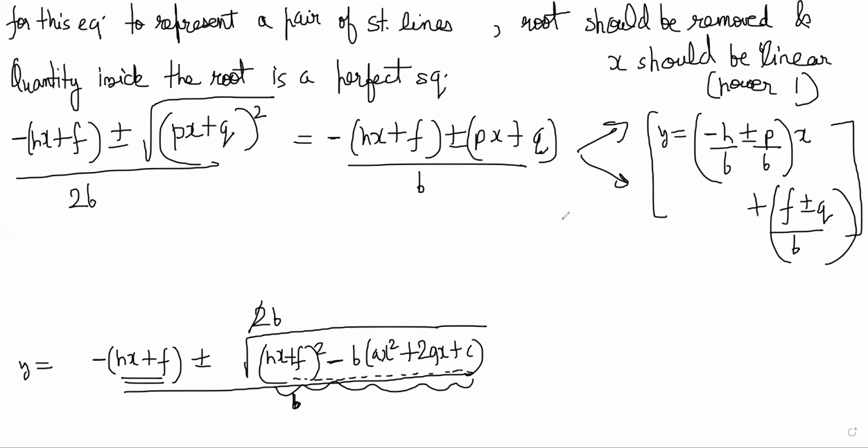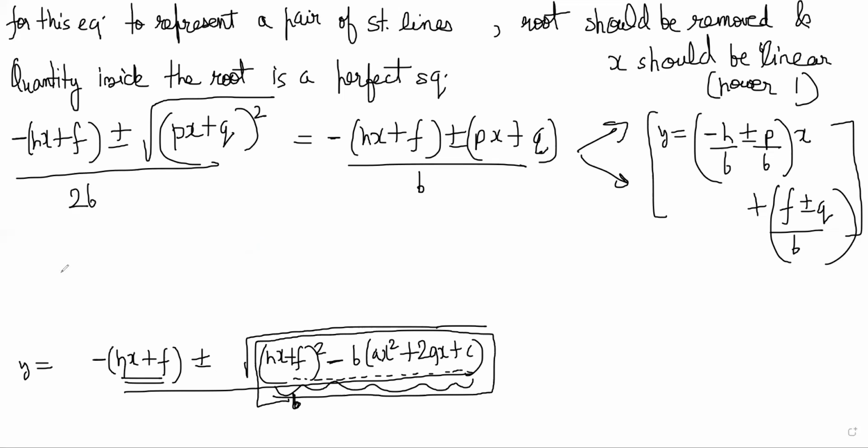Now here we had assumed that the inside part can be written as px plus q whole square. So let's think about that for a moment. When will it be a whole square of px plus q? For that to happen, this first term should be px whole square. No, we'll not do it right away. We'll first simplify this thing inside the root a little bit.